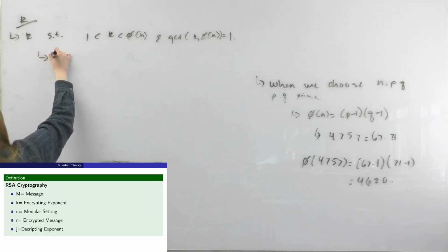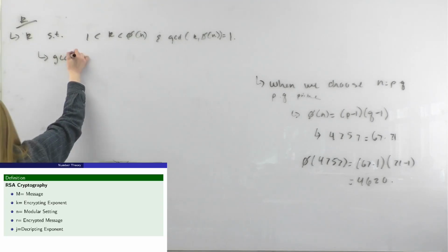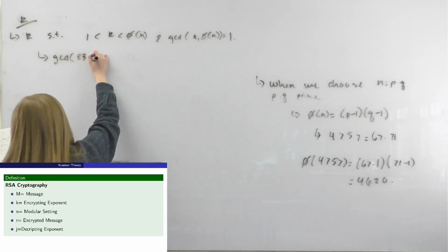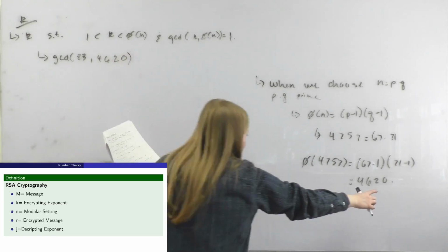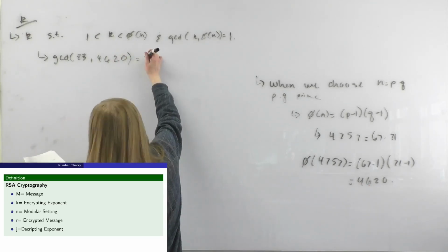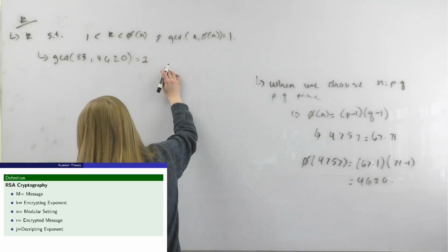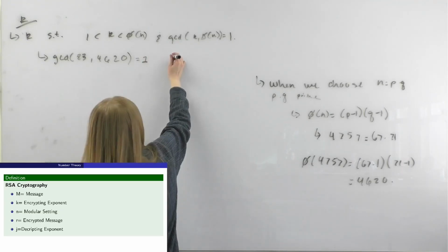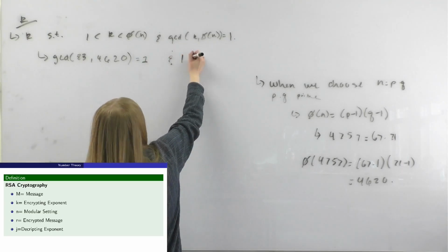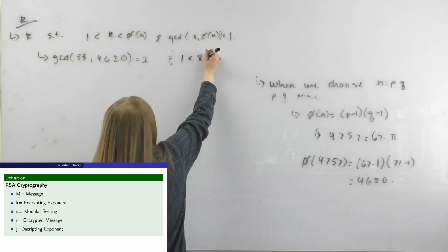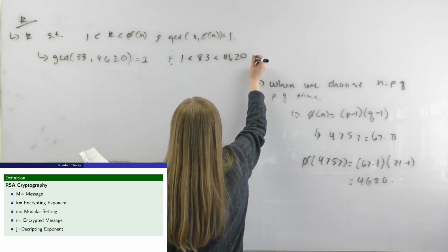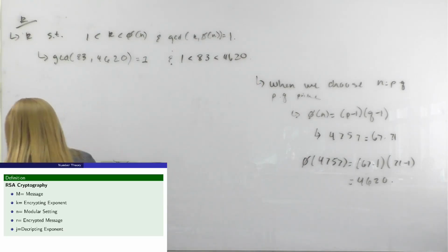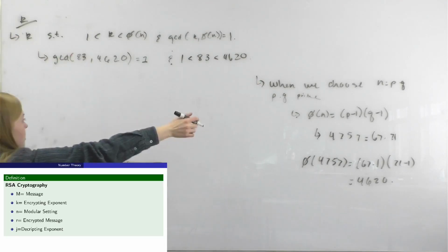So in our example, the GCD of 83 and 4,620 is in fact 1. And, shocker, 83 is greater than 1 and less than 4,620. So this is how we get k, that's how we get n.